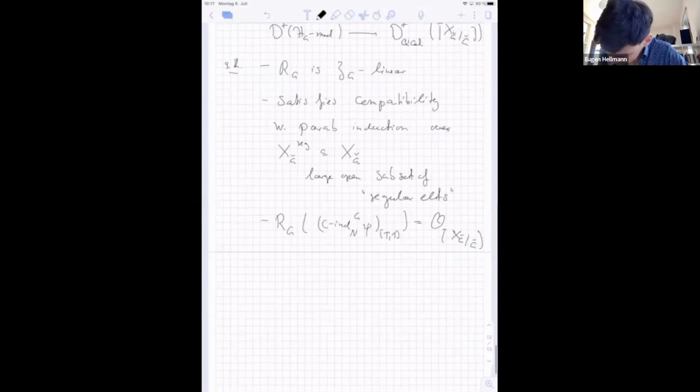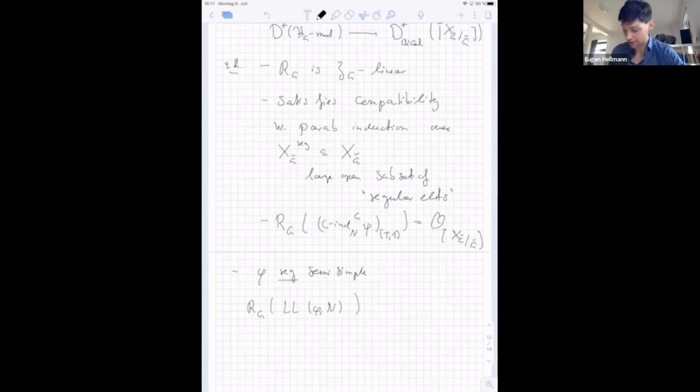Okay, and at least for phi regular semi-simple, so regular here is hopefully not important, but at least for my computations I need it. Then you have these simple modules corresponding to the local Langlands correspondence. And you want to evaluate this functor on them. The outcome for these modules is actually maybe not so nice.